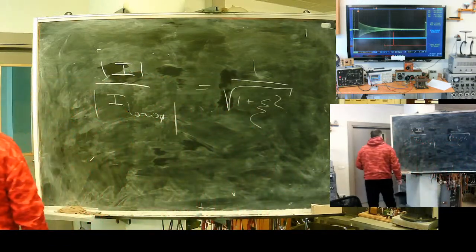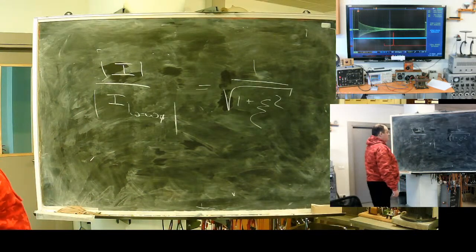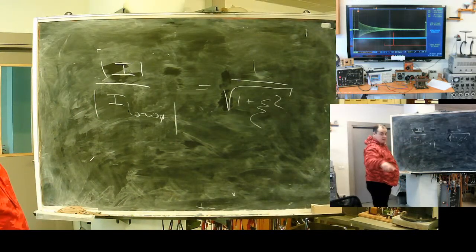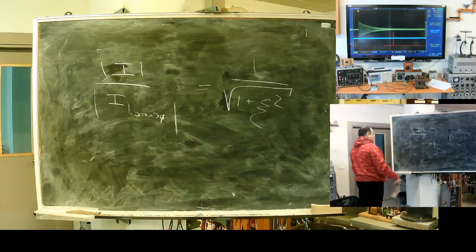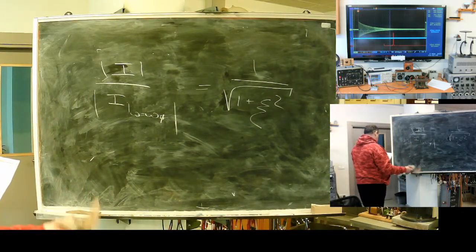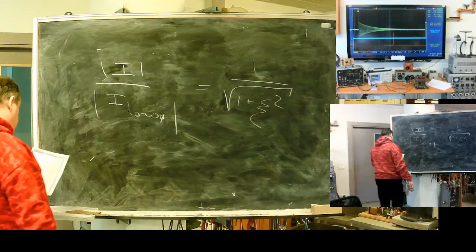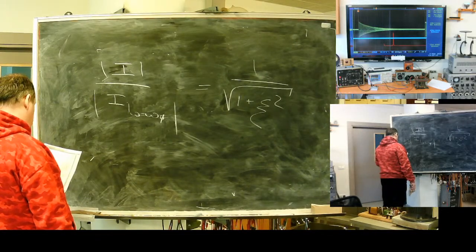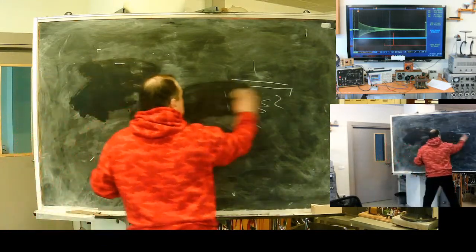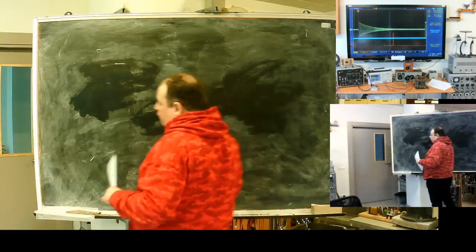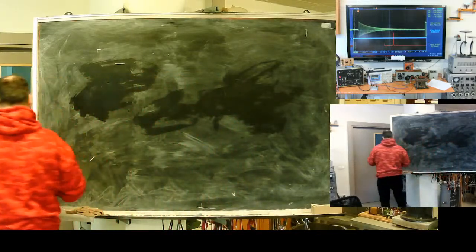It will produce a resonance characteristic for, let's say, the voltage resonance contour. It is not important whether you take voltage from the coil or from the capacitor.